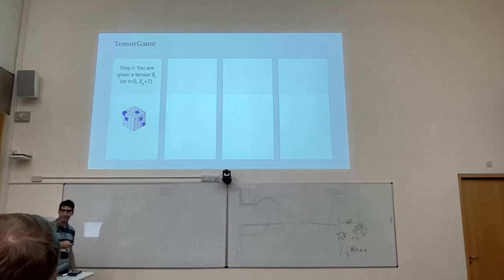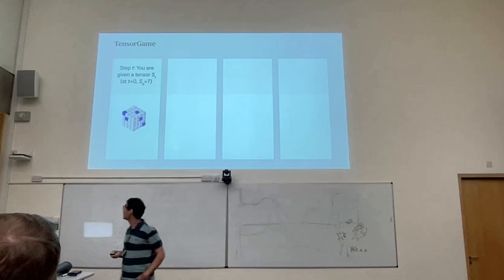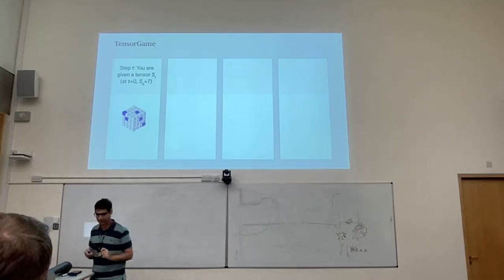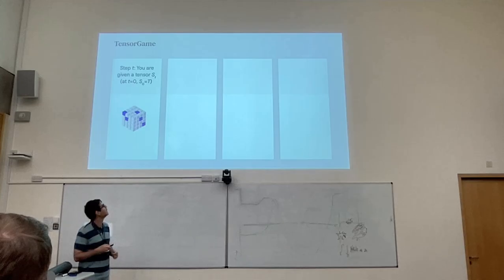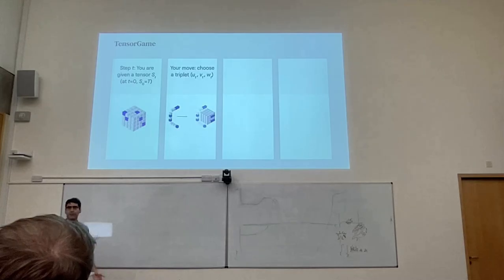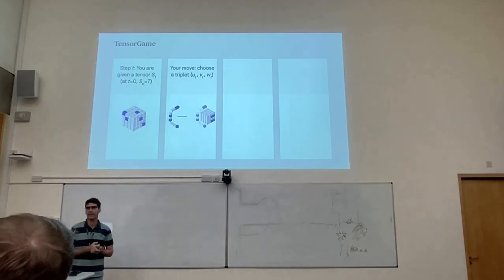You're given a tensor, and in the beginning it is the multiplication tensor, later it will be something else. And now you have to make a move, like placing a piece on the board or something like that. What's the move? The move is to choose a factor triplet u, v, w. That's the move. Of course, once you play that piece on the board, that will change the state of the game.